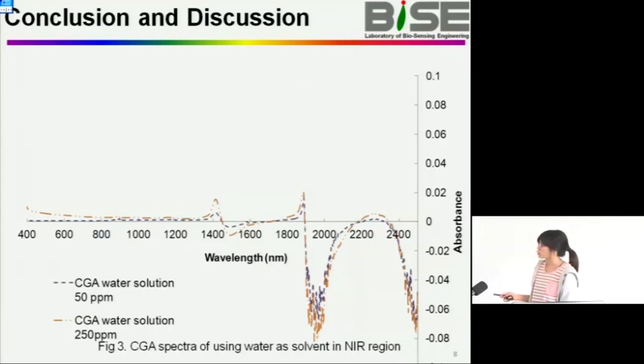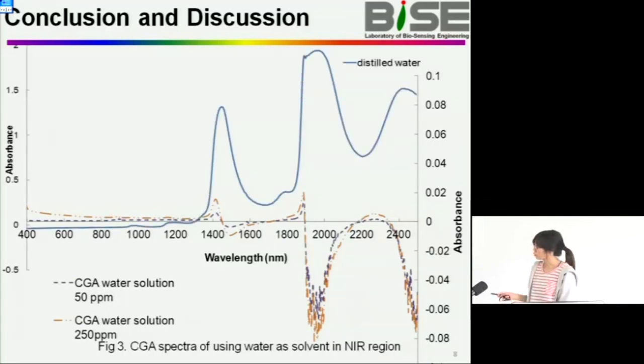Ideally, the spectrum should just represent CGA information, because water information has already been removed, as we're using water as a reference. From the result, we can see that some of the absorption values are negative. This is because water has strong absorption in these 2 regions.